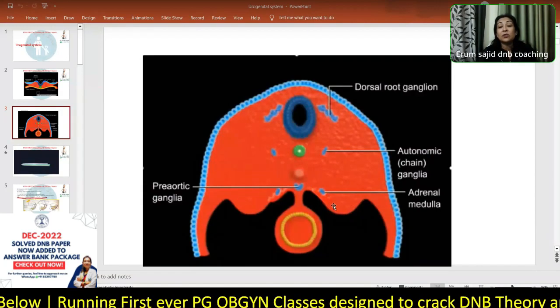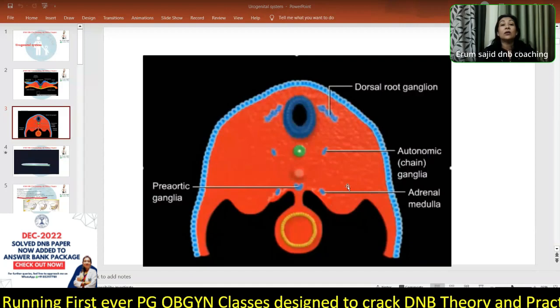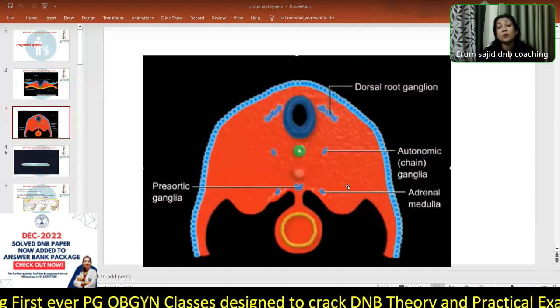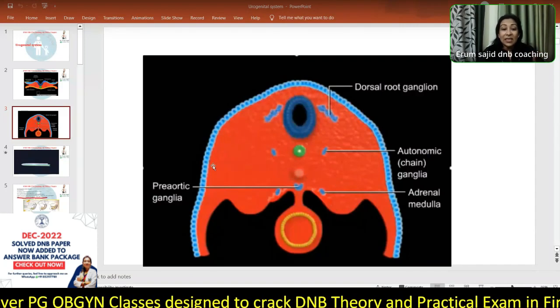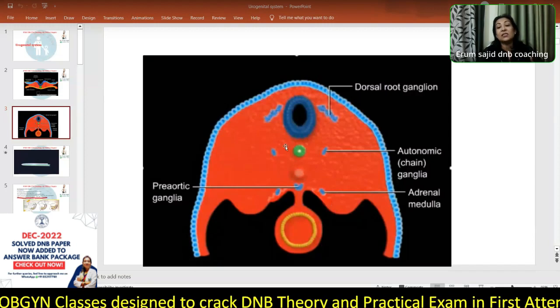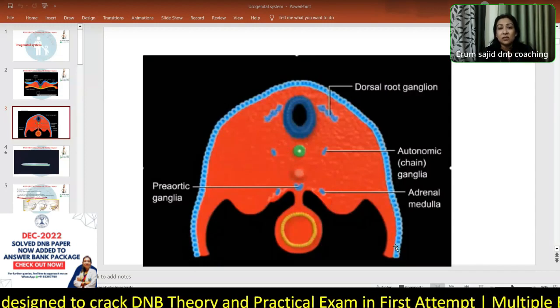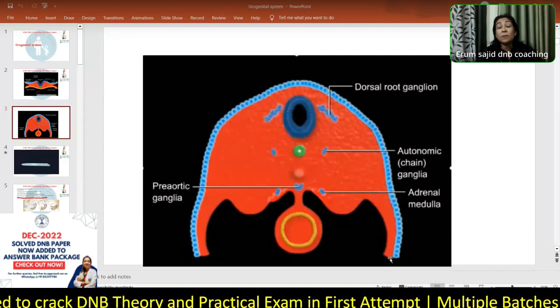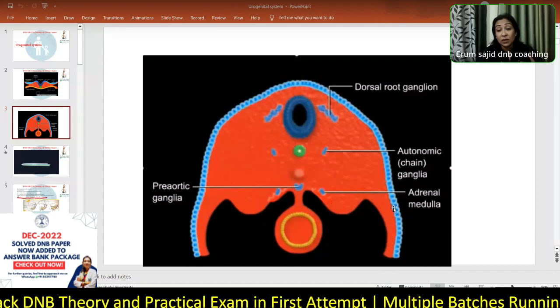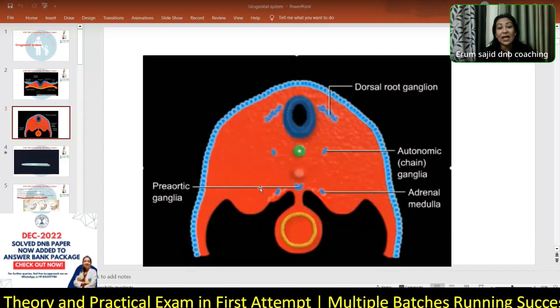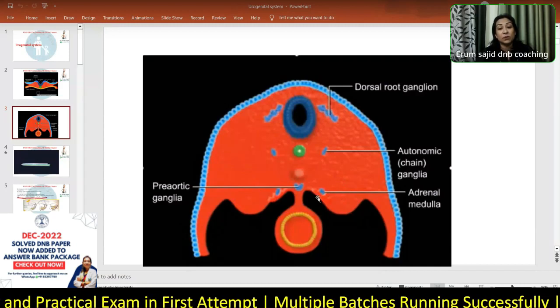And this is the intermediate mesoderm that is forming not just the nephrogenic cords, but also the gonadal cords. And this over here is the lateral mesoderm. So the formation of skeletal muscles, skeletal system, cartilages, bones, this is from the lateral mesoderm. And this one over here is the intermediate mesoderm.